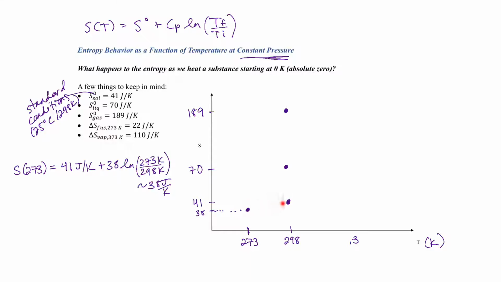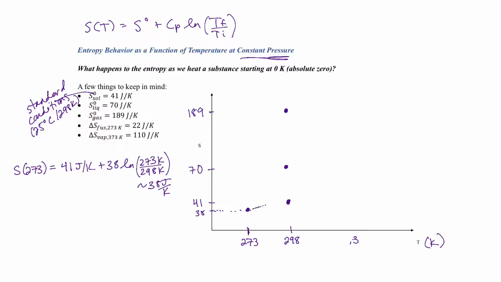So here we're essentially heating solid water, heating our ice. It's remaining in the solid form on this line. Okay, so we could just essentially continue this calculation out where we change our desired temperature here. So this is going to continue to have essentially a logarithmic kind of behavior.